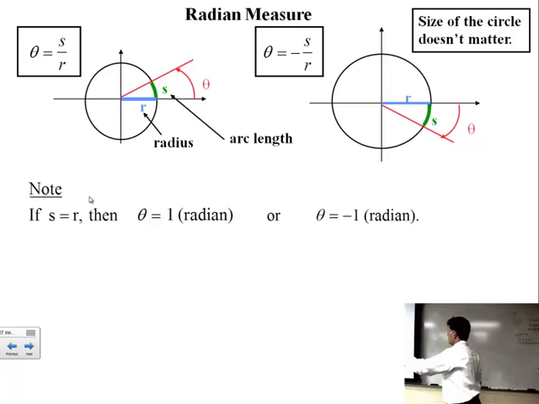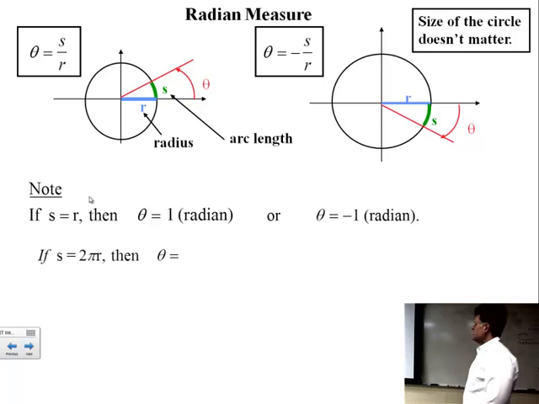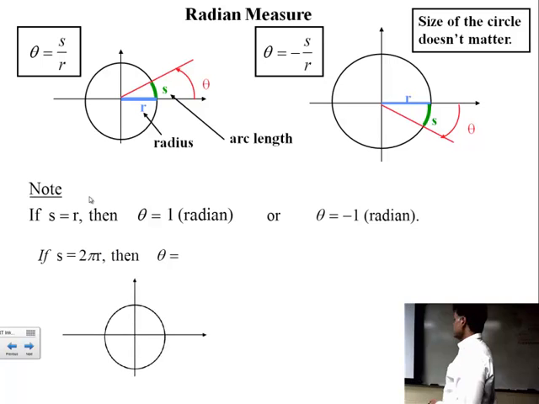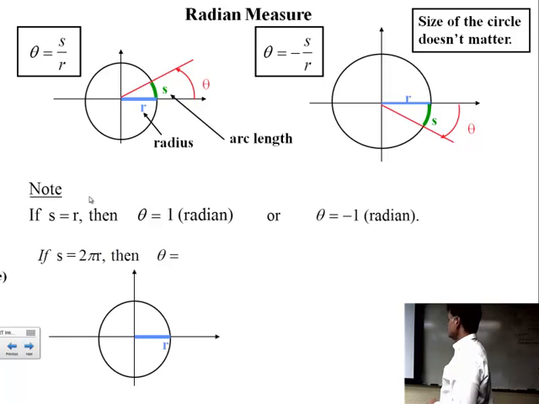So that's counterclockwise. Okay. If S is equal to 2 pi r, that's one complete revolution. That's the complete circumference of the circle. In that case, here's the angle. It's one complete revolution. And so how many radians is that?